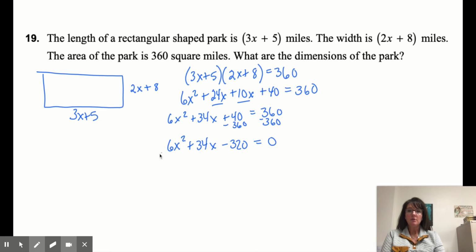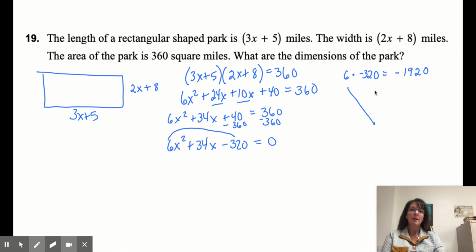So if we factor this trinomial completely, then we will be able to use the zero product property to solve for x. So we want to use the rainbow method. When you multiply 6 times a negative 320, you get negative 1,920.